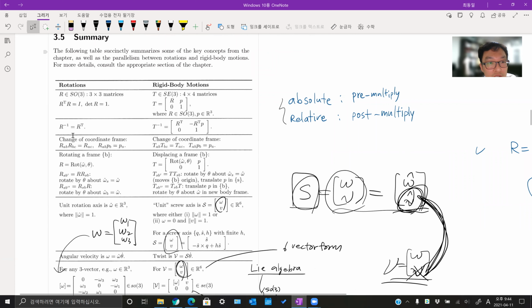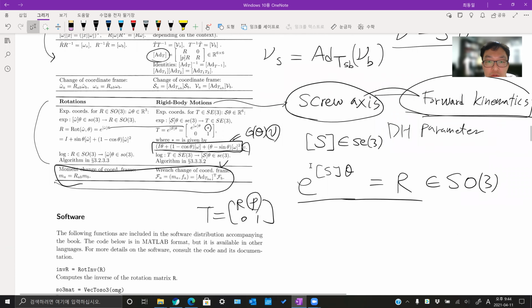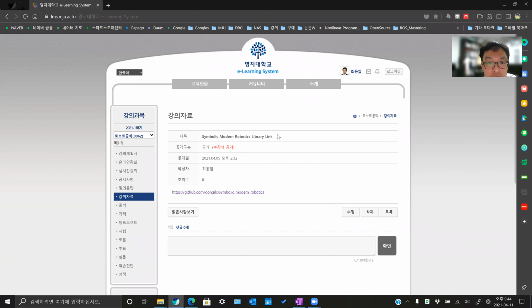We already learned about this kind of table, and we learned about the modern robotics library, and I also introduced the symbolic modern robotics library here.